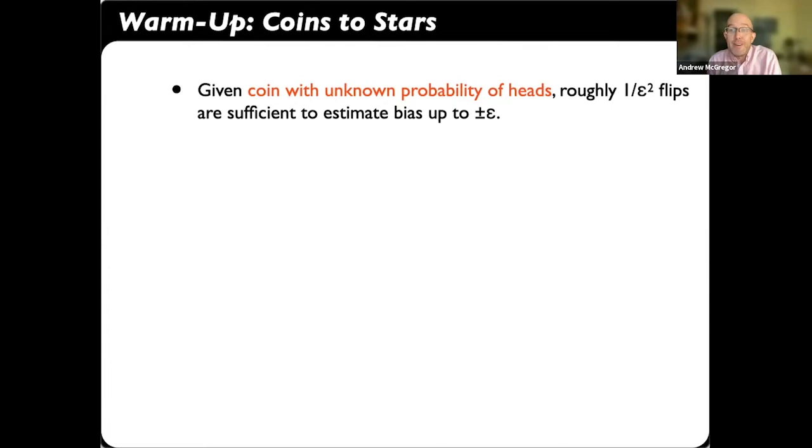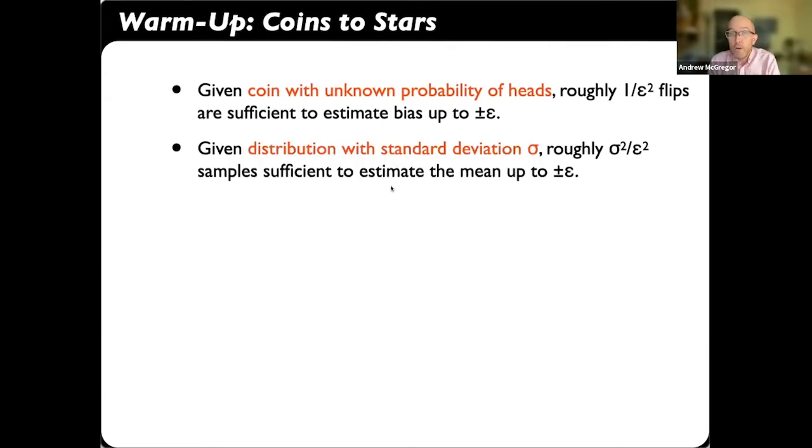Probably the first thing you learn early on in a TCS class is that with roughly 1 over epsilon squared flips, you can learn the bias up to plus or minus epsilon. Slightly more involved, but not really: if you have an unknown distribution with standard deviation sigma, roughly sigma squared divided by epsilon squared samples is sufficient to estimate the mean up to plus or minus epsilon.